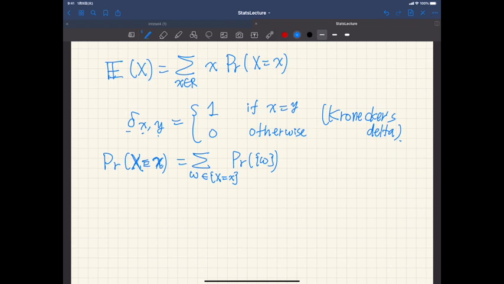Now, if we introduce this Kronecker's delta, this sum is over the entire sample space: delta of x and X of omega, and the probability of each omega.